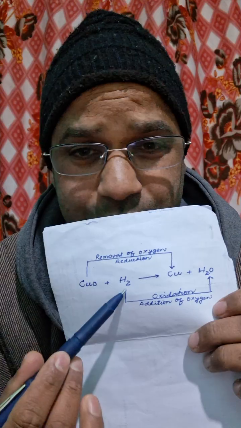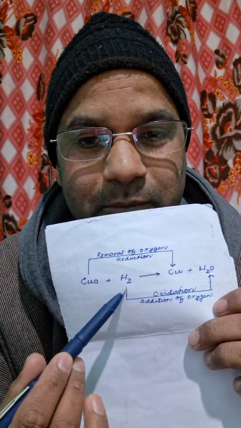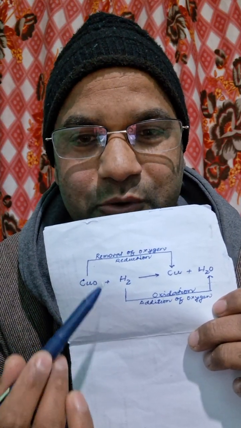It's a reducing agent because it helped copper oxide to get reduced. So in a nutshell, the substance that's oxidized, जिस पे oxidation होता है वो खुद reducing agent कहलाता है, और वो substance जिस पे reduction होता है that is known as oxidizing agent.